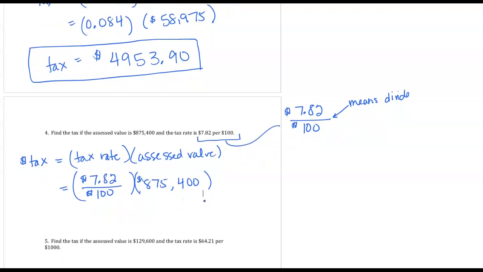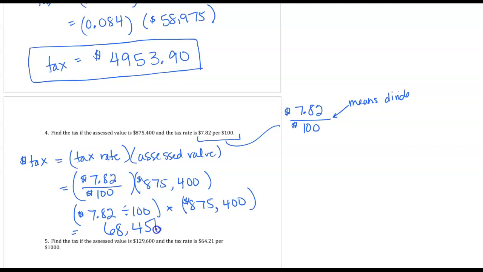In order to calculate this, we're going to use divide. $7.82 divided by 100 and get that amount, and then multiply by $875,400. Putting it all together, I get a tax value of $68,456.28.